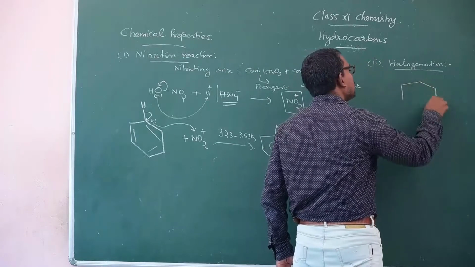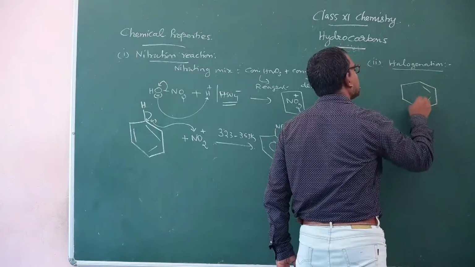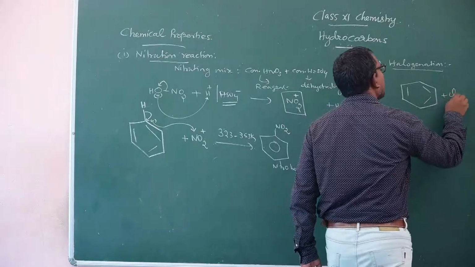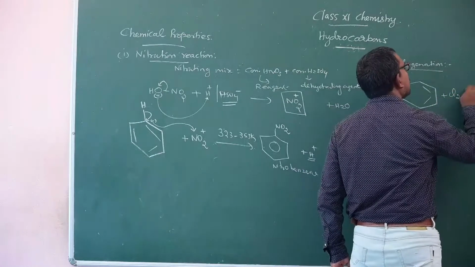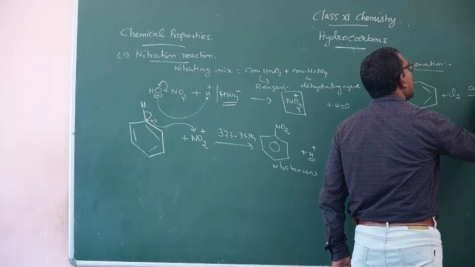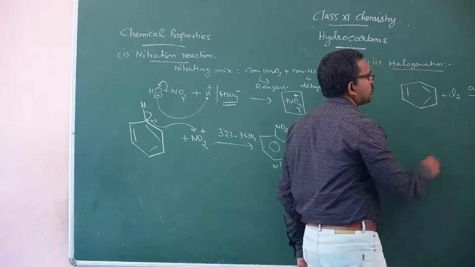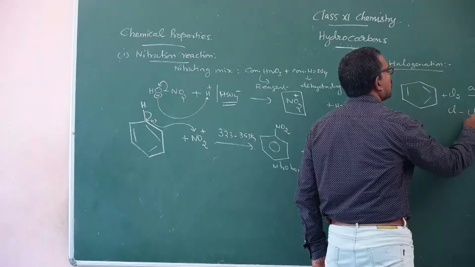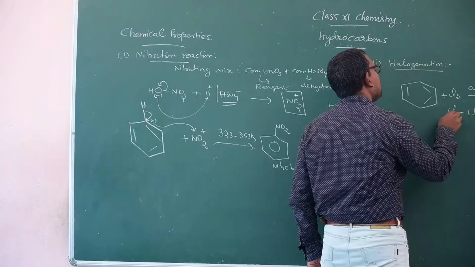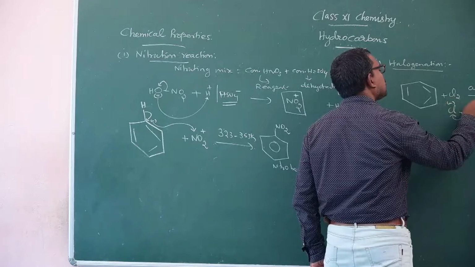Here also benzene reacts with chlorine in the presence of anhydrous aluminum trichloride. The chlorine undergoes heterolytic cleavage of the bond, leading to Cl- and Cl+.